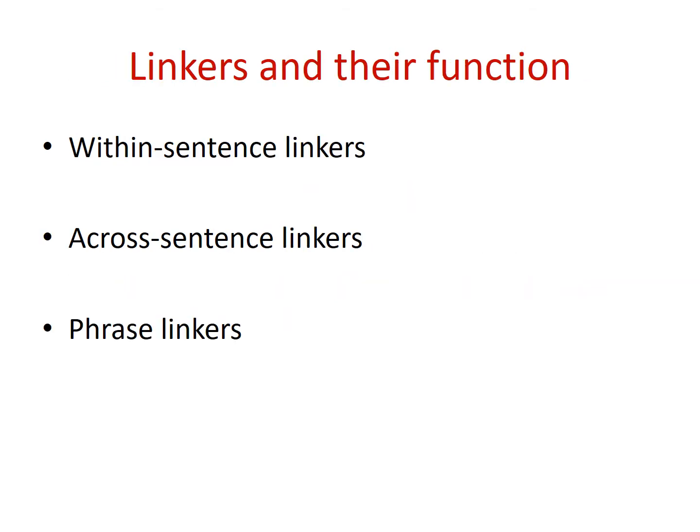So according to their function, linkers can be classified into three main groups: within-sentence linkers, which link two clauses within the same sentence; across-sentence linkers, which link ideas across two sentences; and phrase linkers, which can be found in front of noun phrases or gerunds.